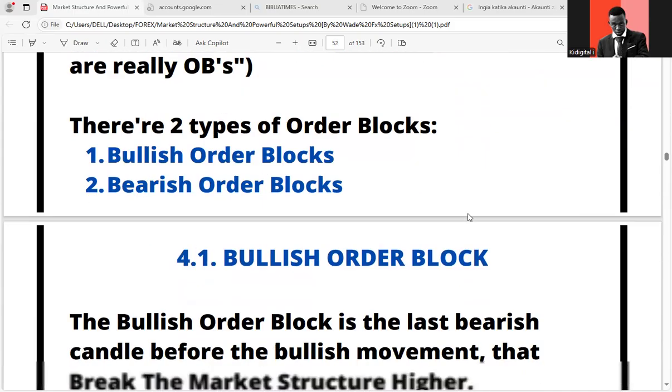A bull is an animal that always fights going upward, and a bear is an animal too, that always fights standing then coming down. That's why when you talk about bullish, you're talking about buying, and when we talk about bearish, you're talking about selling.